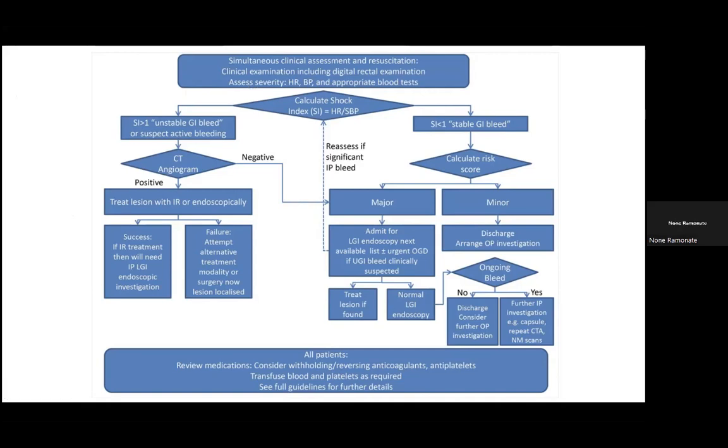I think it mainly alludes to the fact that one of the most frequent causes of lower GI bleed, strictly speaking, in the community is hemorrhoids, isn't it? And hemorrhoids will rarely present with an unstable patient.